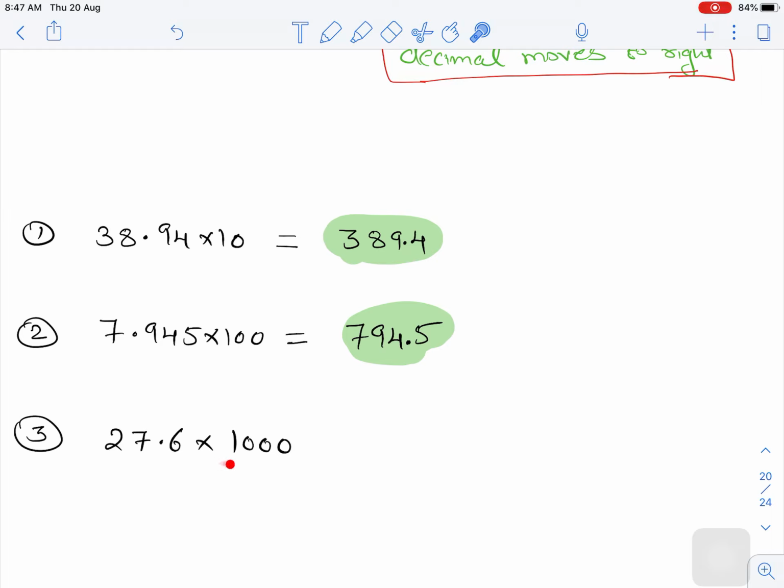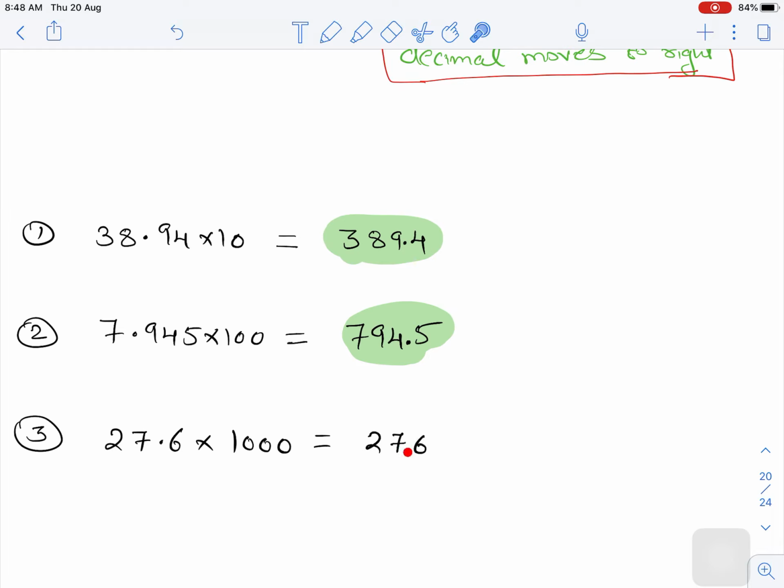Now look at the third example. Now we have 27.6 into 1000. The number is multiplying, so the decimal will move to the right. How many digits? 3 digits to the right. But now remember that here after the decimal there is only one digit, so let us look at how to write that answer. First we will write the digits 276.